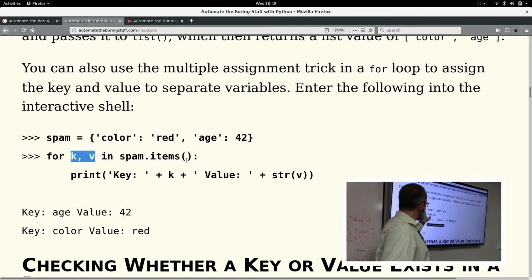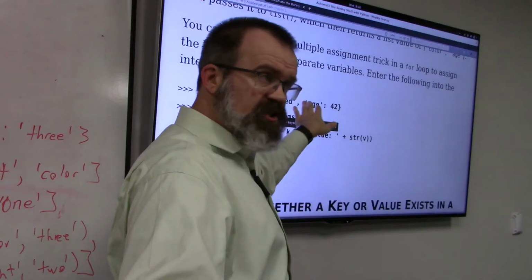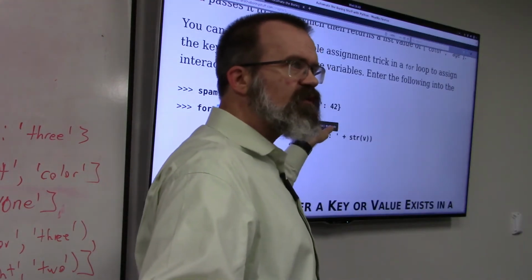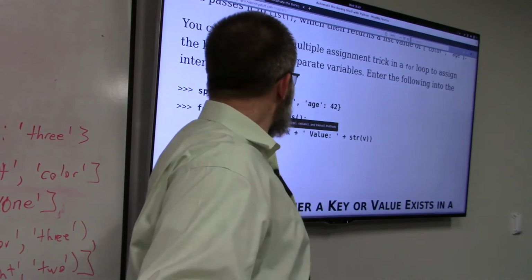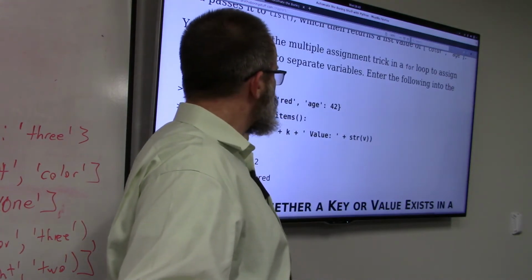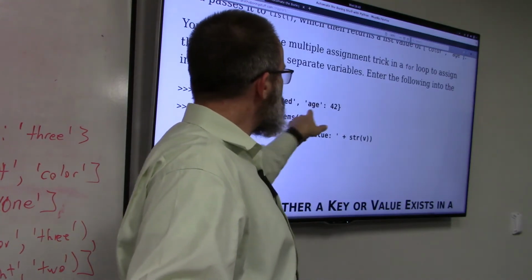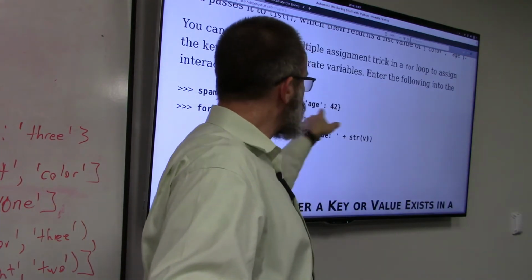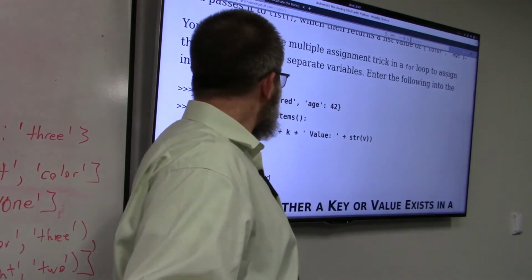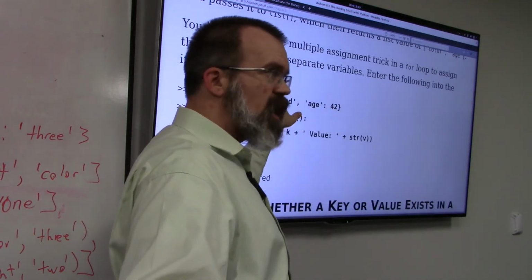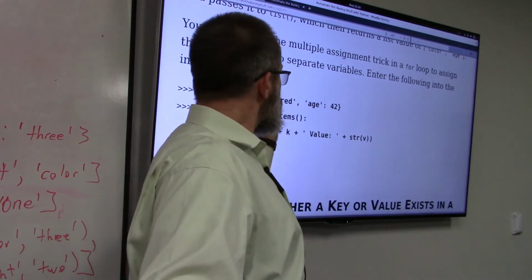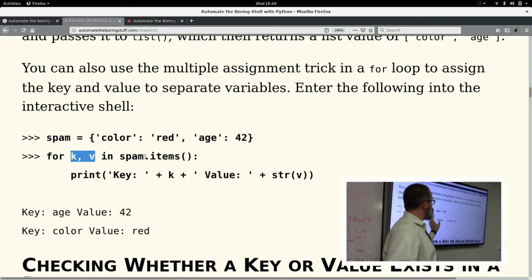So using this example here of spam with the color red and age of 42, we're not really sure which one of these will come out of the dictionary first, but inside the processing of this loop, K will be either age when V is 42, or K will be color when V is red. This grouping of key and value is preserved in using items.